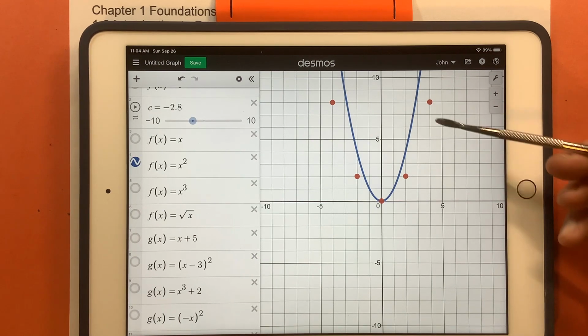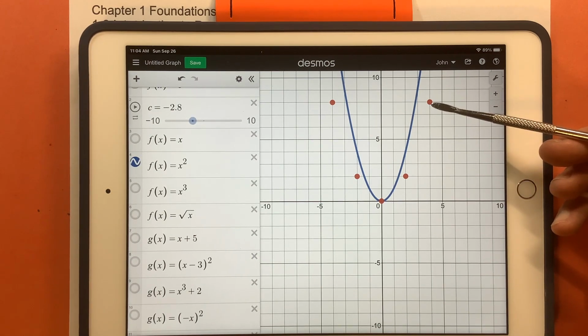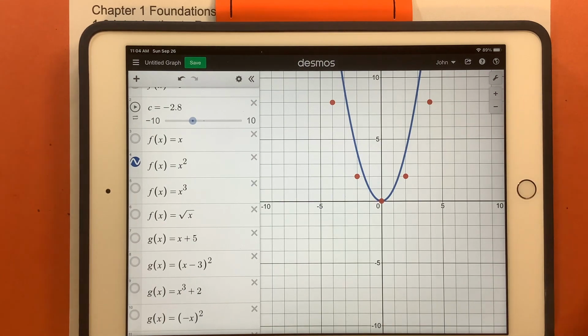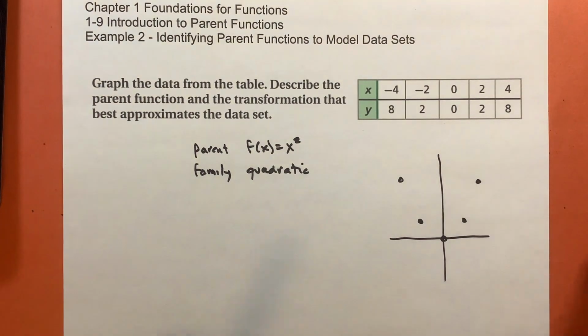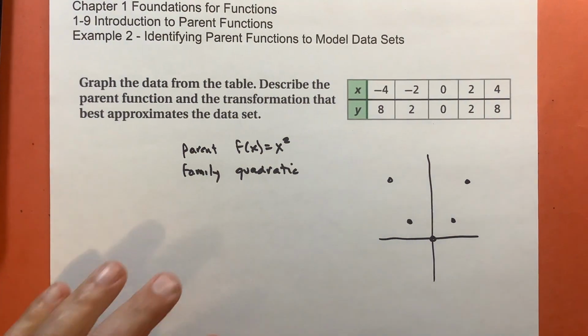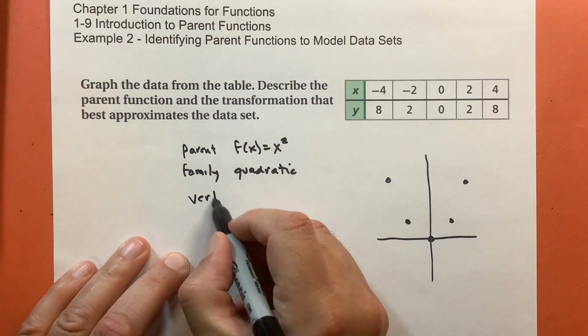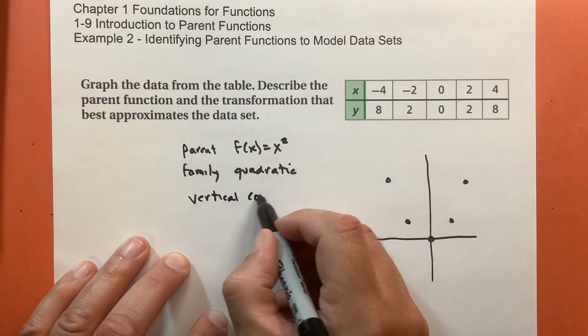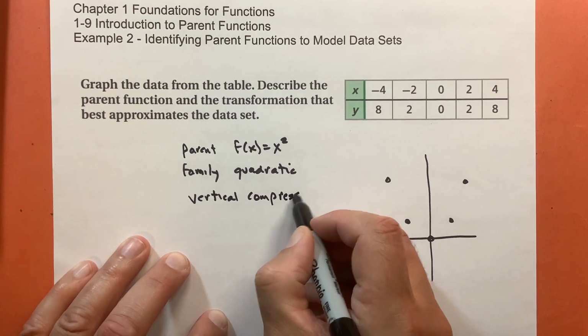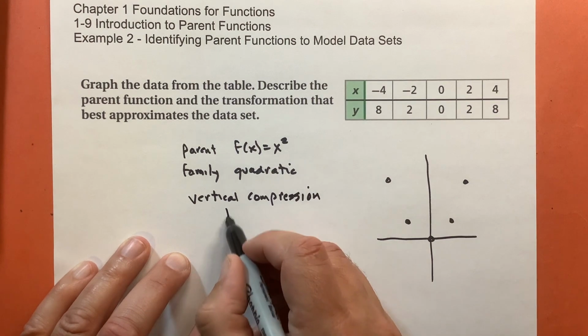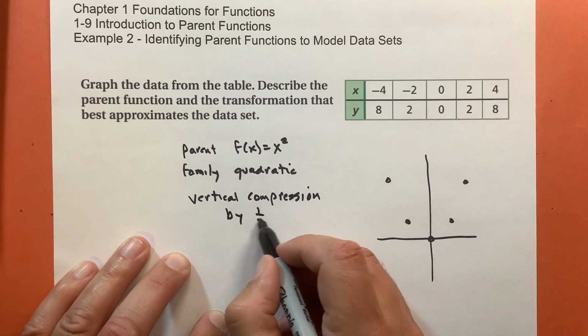This right here is 4 to the second power, which is 16, and half of that is 8. So I think I'm going to go with the vertical compression by 1/2.